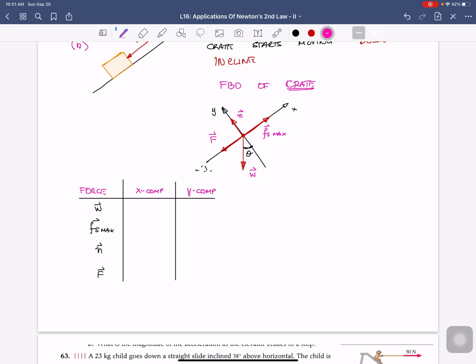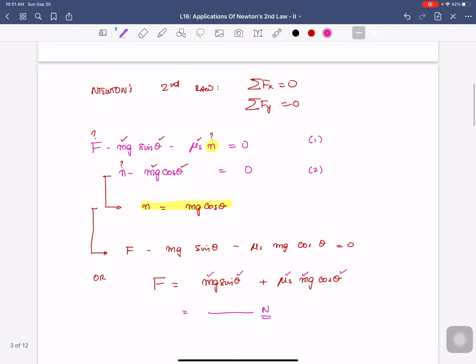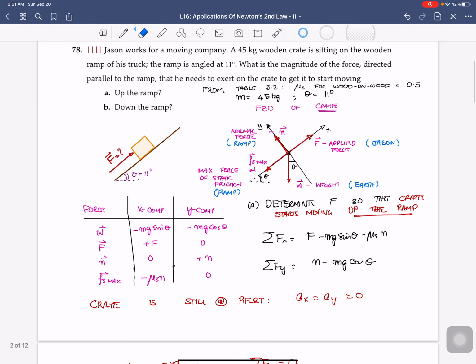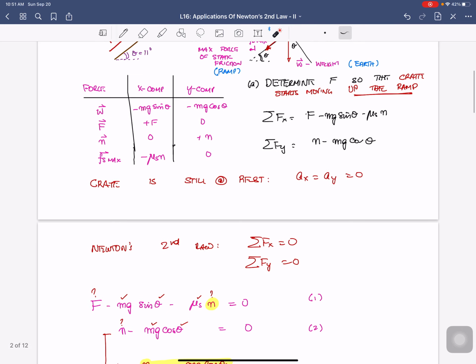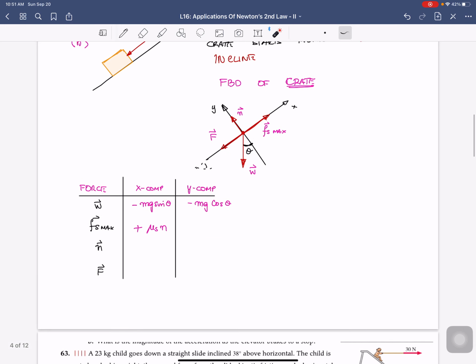The weight components are minus mg sine theta and negative mg cosine theta, and the friction is plus mu sub s times the normal force. That's the big difference. In the previous part, it was in the downward direction, the maximum force of static friction was along the negative x-axis. Now it's along the positive x-axis. And that is the big difference here.